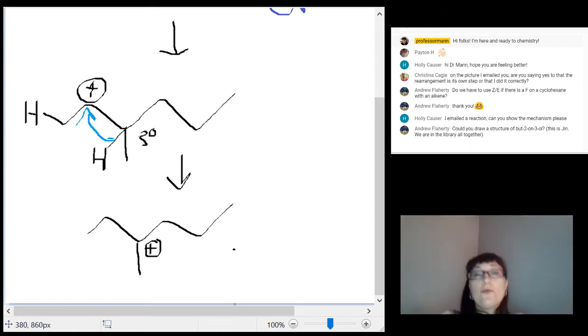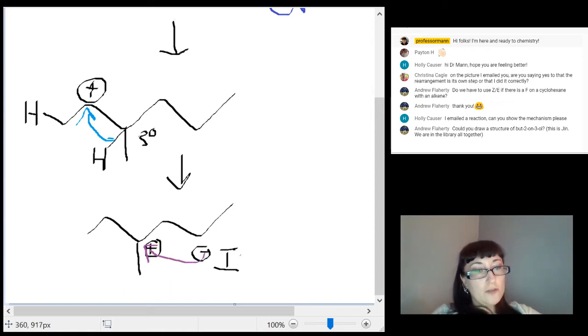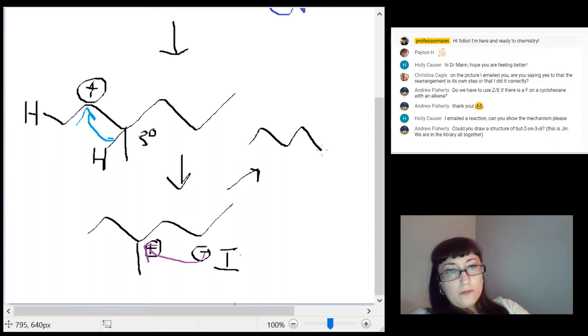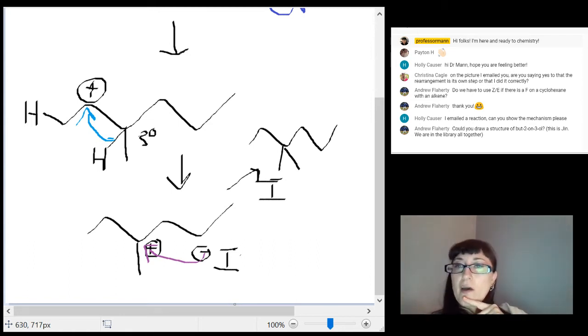Okay, and the reaction's not done yet. We still have the iodine floating around that is then going to go on and do the next step. Nucleophile attacks the electrophile. I don't know why I grabbed purple, sorry. So you'd end up with a product that looks like that.